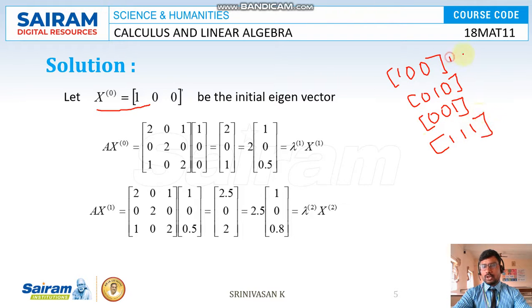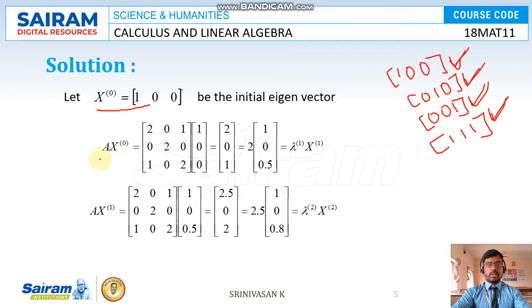So there are four options and the choice is ours. You can choose any one, either 1, 2, 3 or 4. Here I take the initial eigenvector (1 0 0) transpose, the first one. If you choose the second, third or fourth, there is no problem; the answer will be the same.